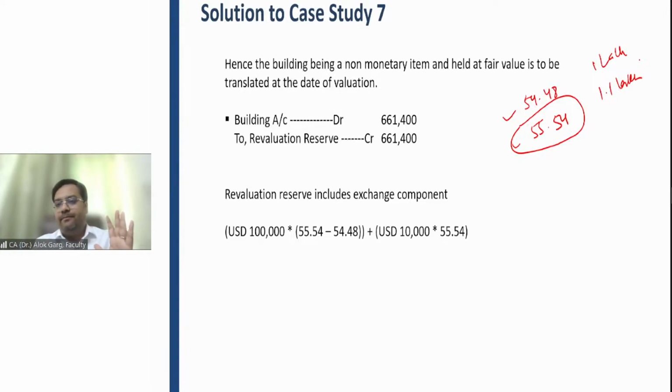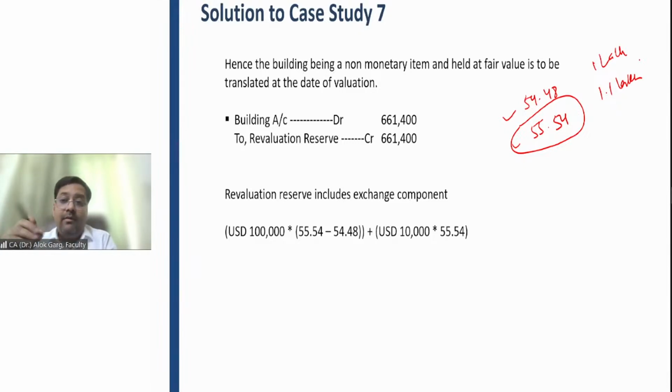Let's say if it was an Indian rupee, right? If this building was acquired in INR for rupees 1 lakh, and this became 1.1 lakh, right? So this 10,000 rupees has to be recorded in revaluation surplus. The accounting entry was building account debit, revaluation surplus 10,000, and this 10,000 should go to other comprehensive income as per Ind AS 16, right?